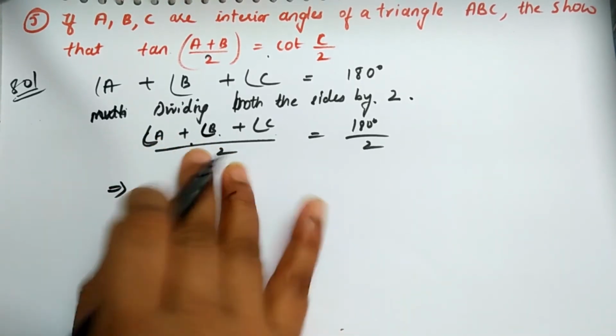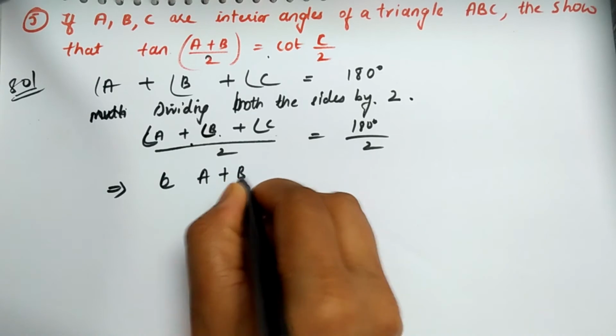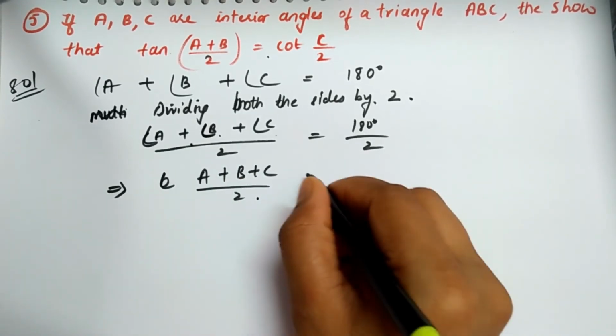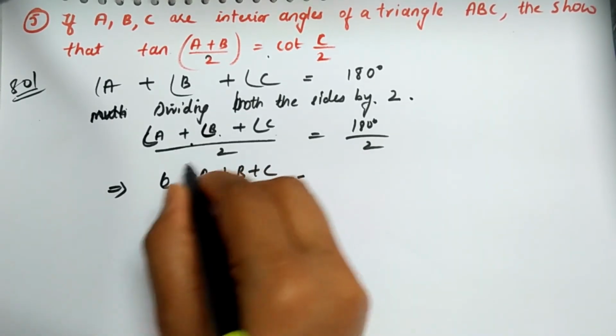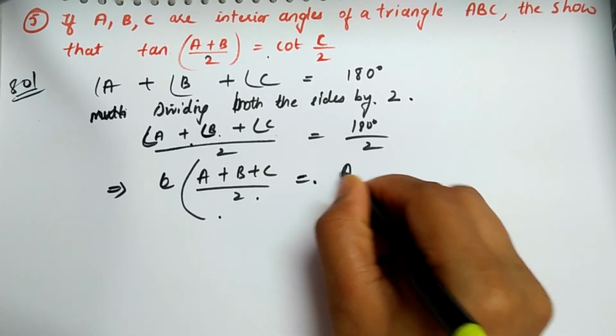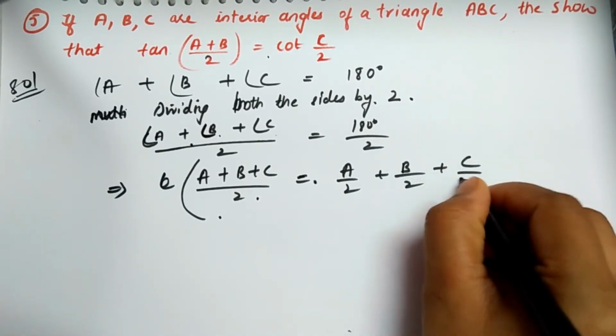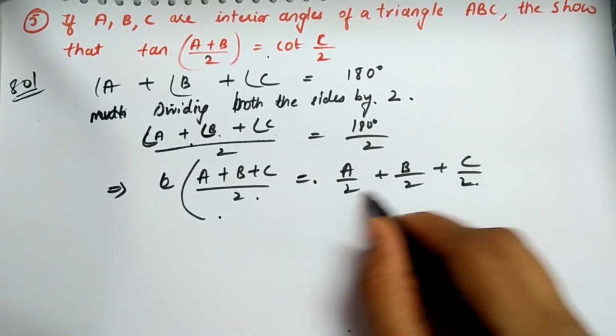This angle, A plus B plus C divided by 2, I take as rough work, which is equal to A by 2 plus B by 2 plus C by 2. It's nothing but splitting off the LCM.